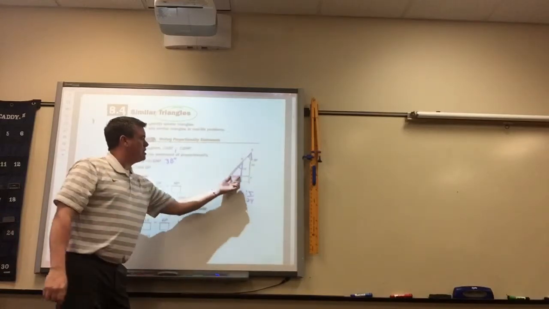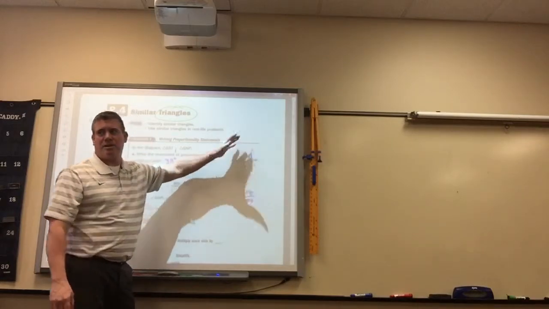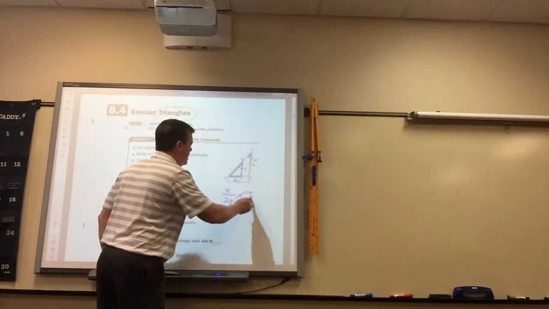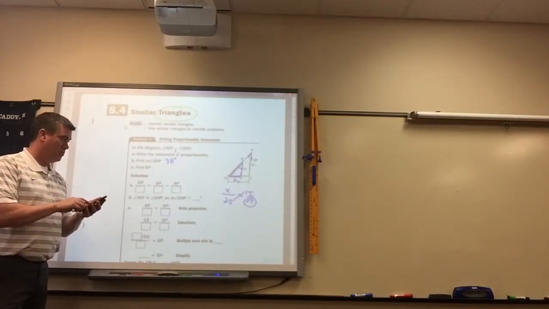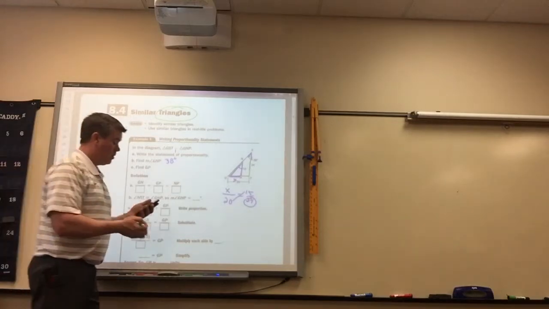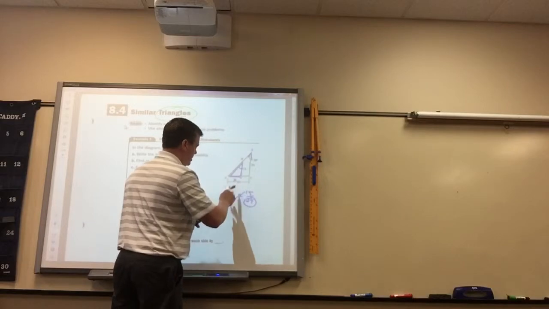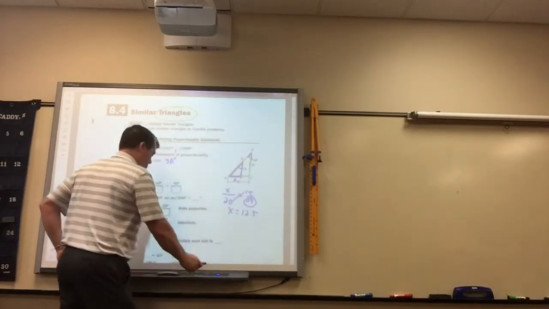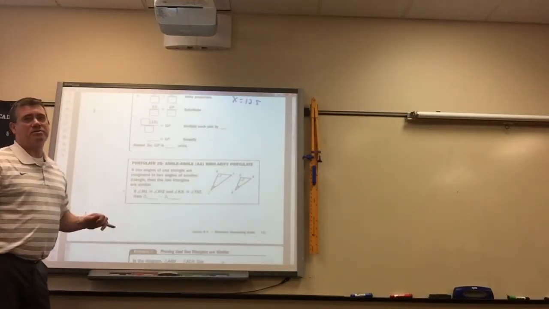So since I went this side to the big side, you got to go this side to the big side. Follow the same pattern. So it's a simple one. You just cross multiply and divide. And you get 12.5. So that piece would be 12.5. So again, it's just setting up proportions.